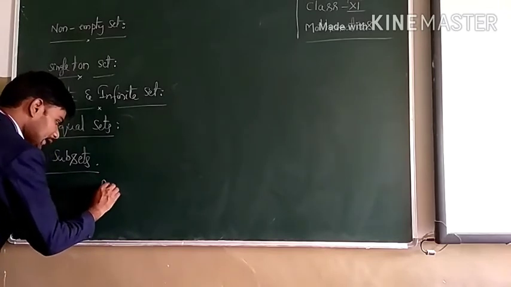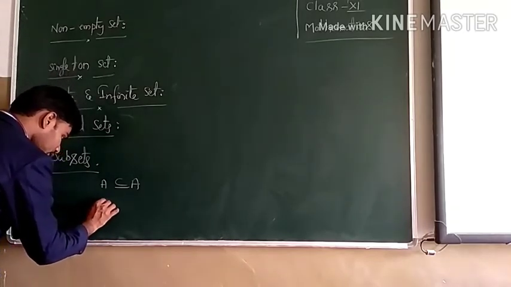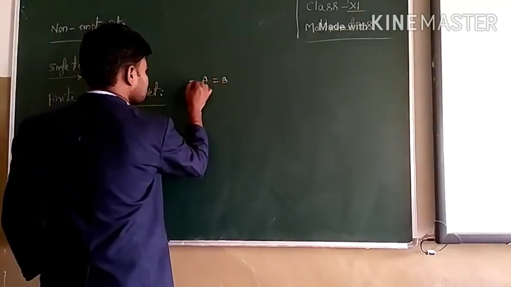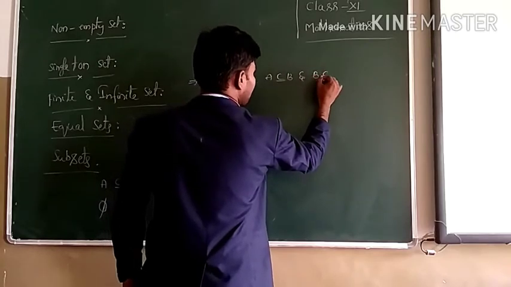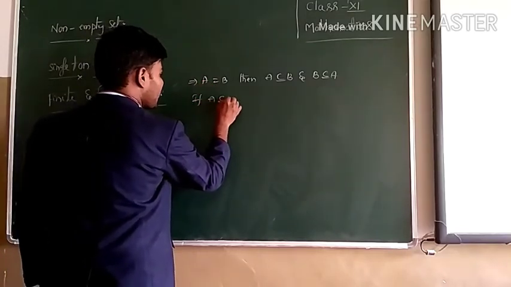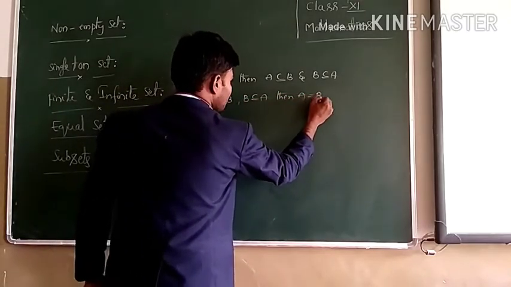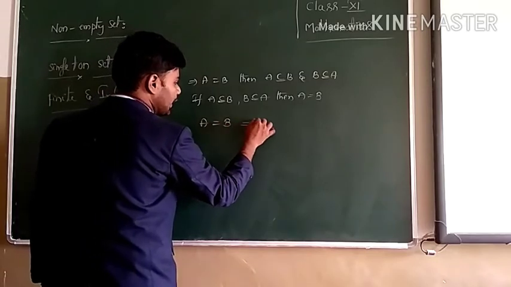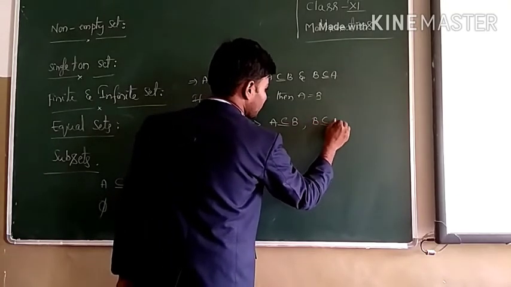That means A is a subset of A, and B is also a subset of B. If A equals B, then A is a subset of B and B is a subset of A. And one more: if A is a subset of B and B is a subset of A, then A equals B. Based on this, we can conclude that A equals B if and only if A is a subset of B and B is a subset of A.